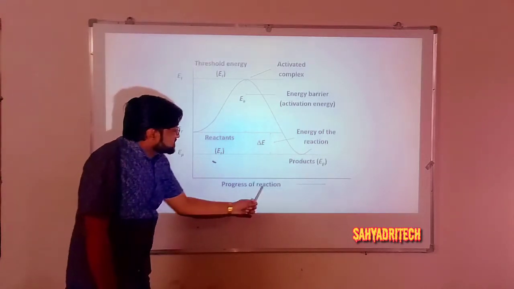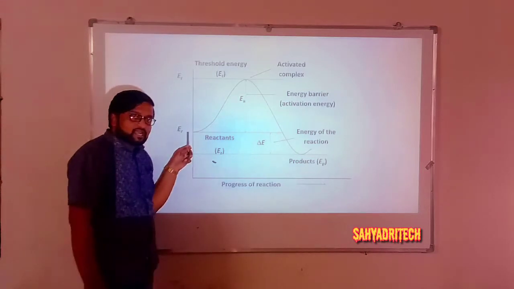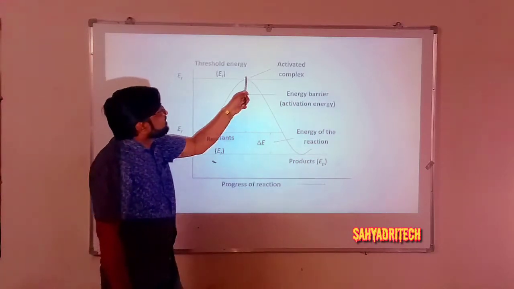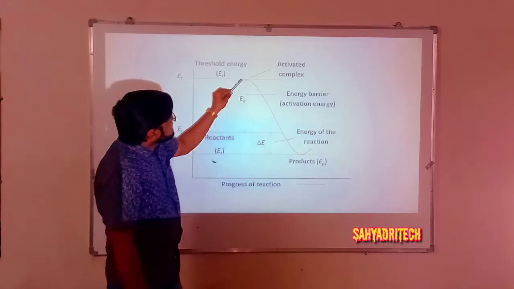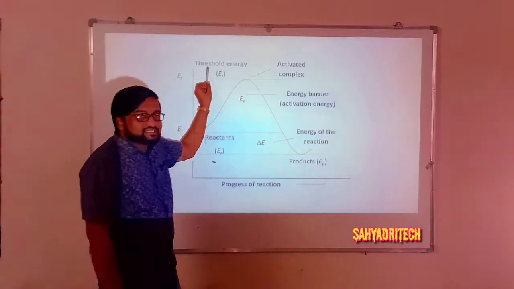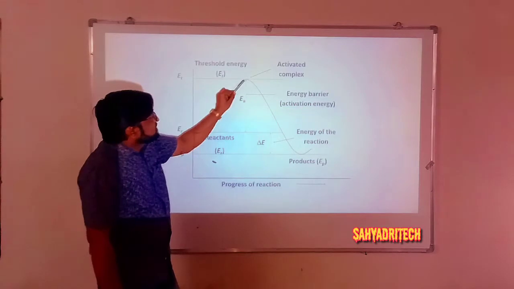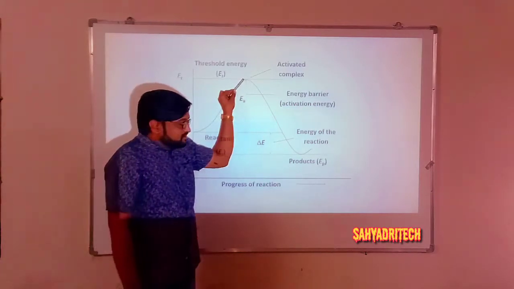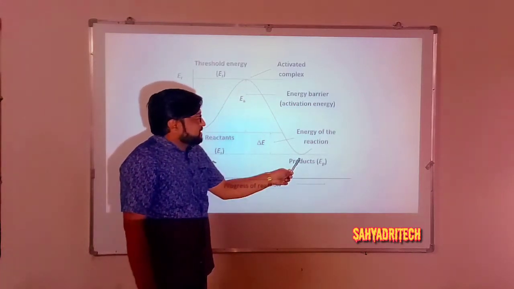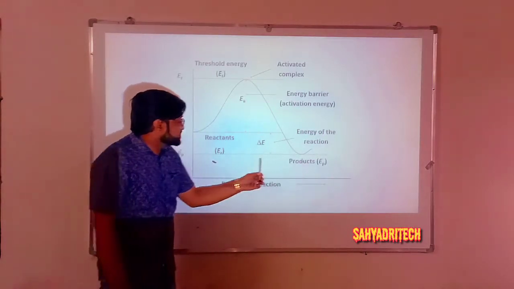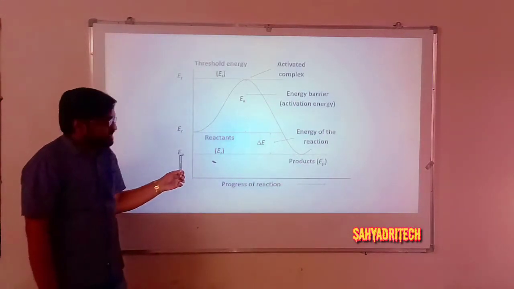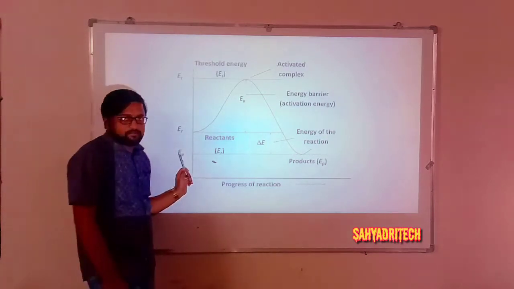So if I consider the progress of a reaction, first the reactants get converted into activated molecules. These activated molecules possess threshold energy, that is ET. They are readily converted into product molecules. Product molecules are also associated with energy, indicated as EP.